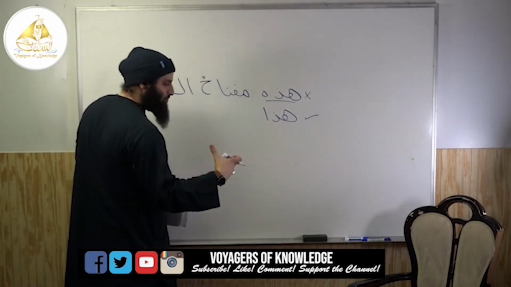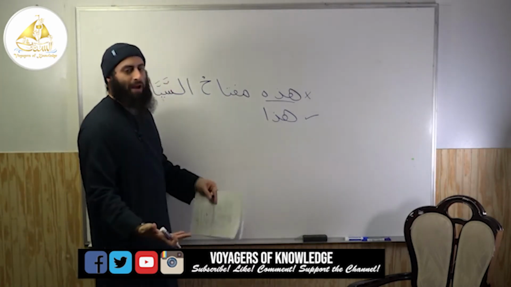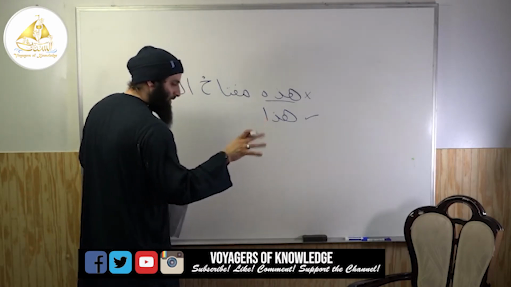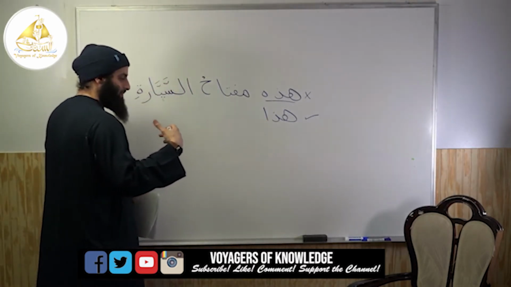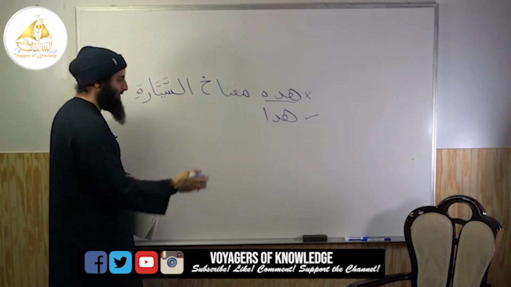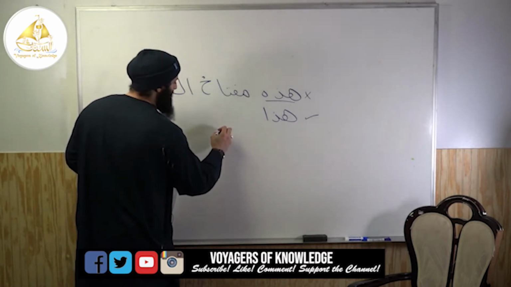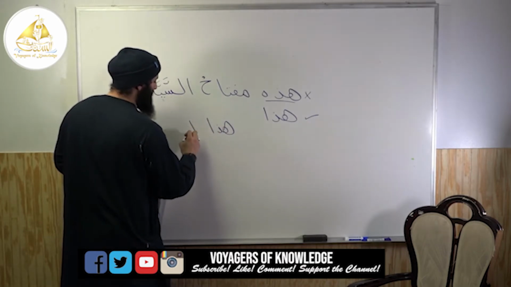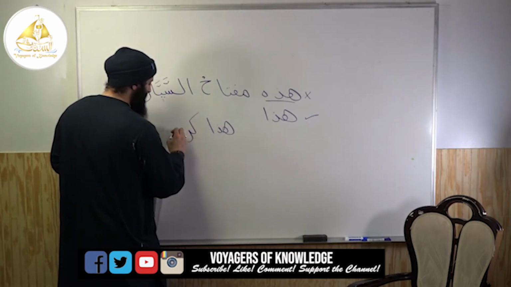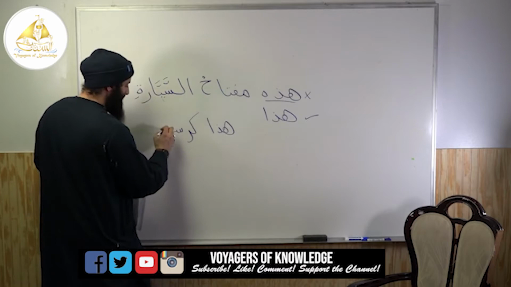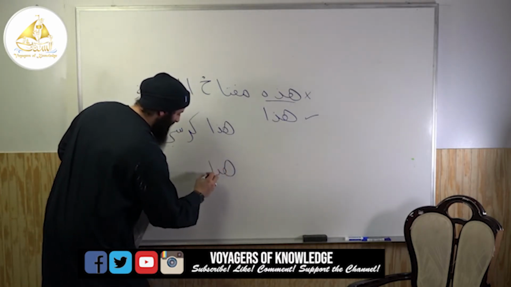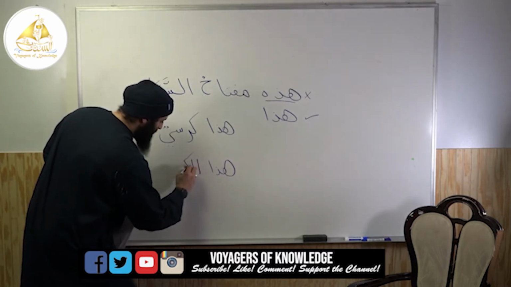You're already specifying it, so it's already like ma'rifah. All right? If I say this chair, for example, do I say هذا كرسي? Or do I say هذا الكرسي?